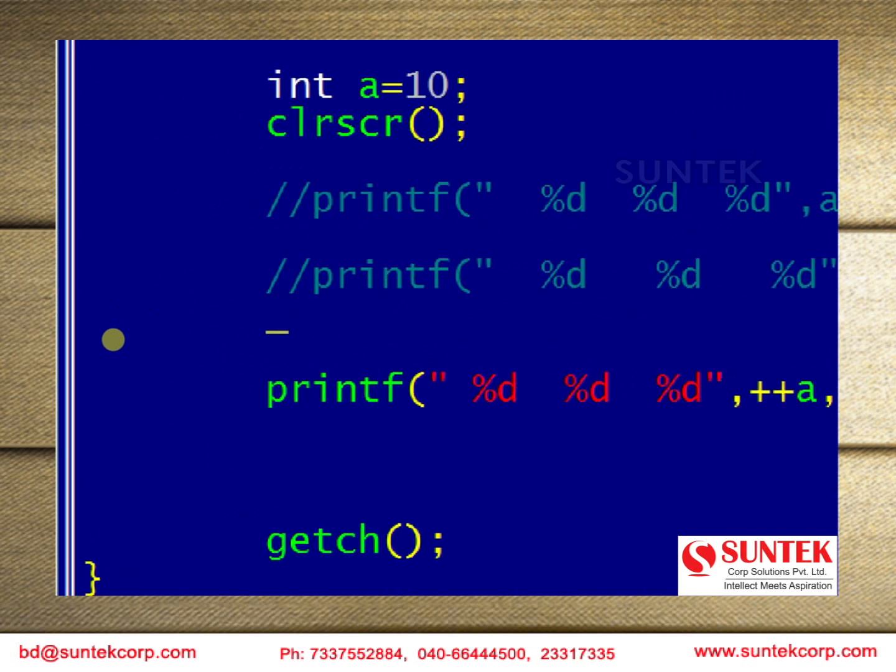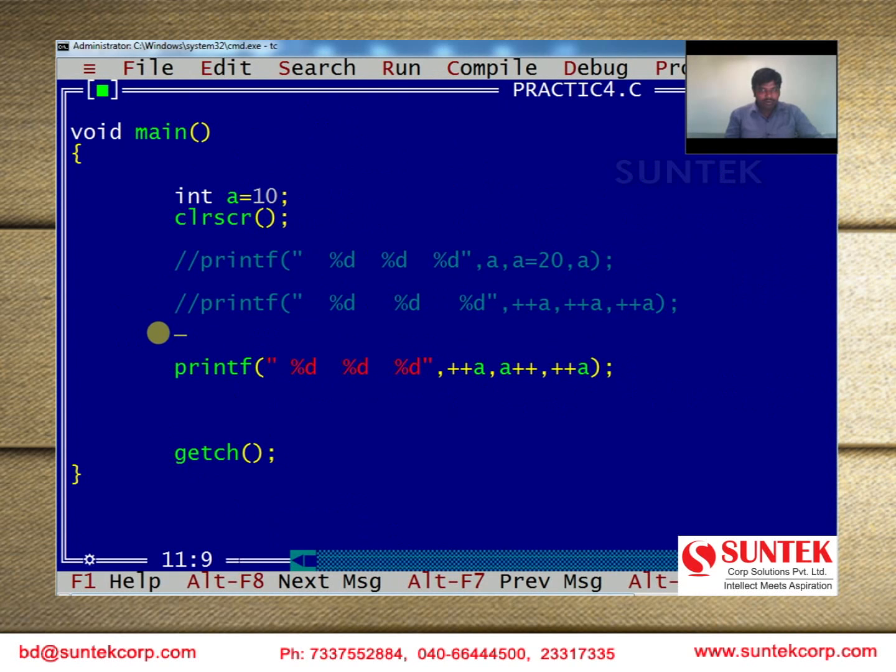Same way, see how it is taking the parameters. First of all, you should know, the first %d is nothing but ++a, the second %d is this a++, and the third %d is this. While it is printing, right to left will be printed.